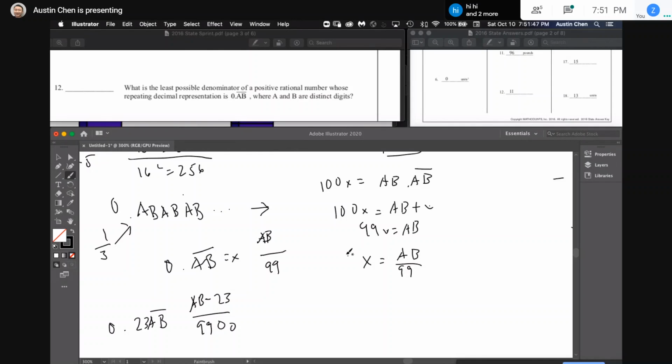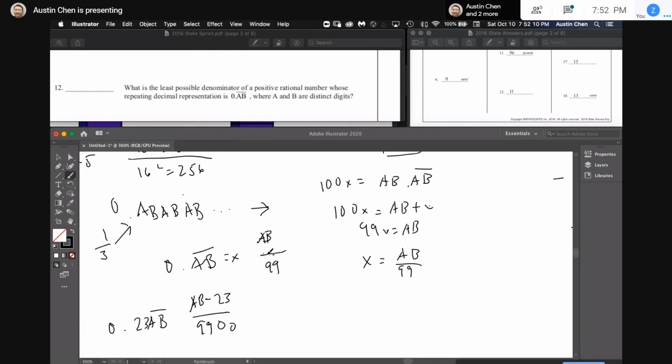Okay, now we want to find the least possible denominator that this can be, and it's not just 99, because AB can be something that simplifies the 99, and we want to find what the 99 can simplify to.